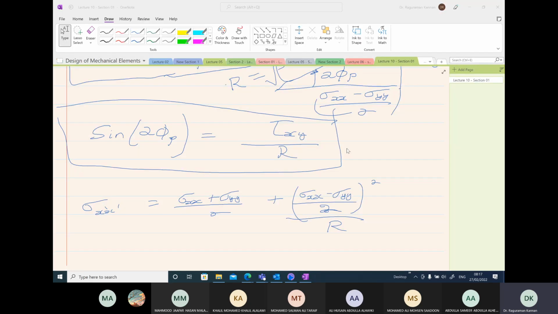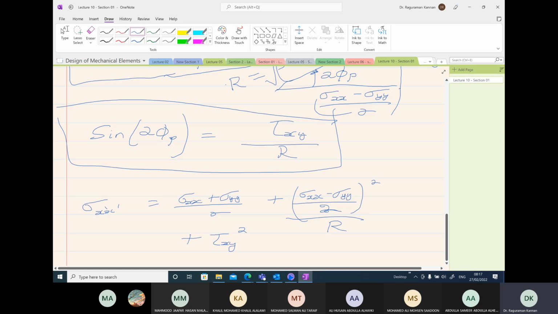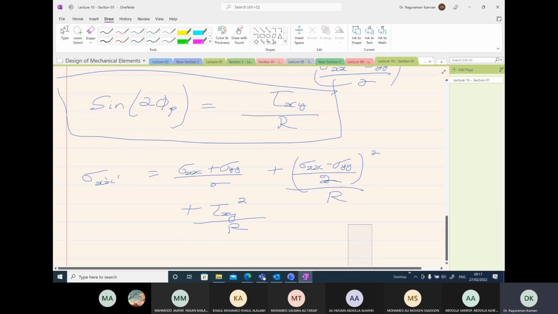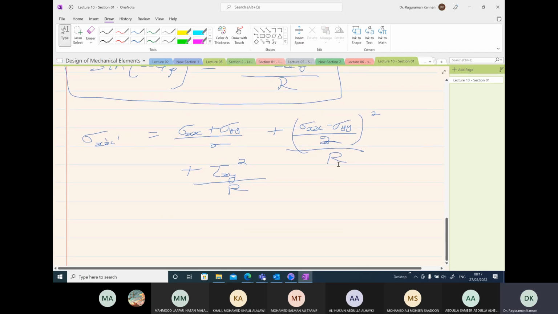And then we have tau xy term sine 2 phi, and then we will get tau xy square over r. Carefully take a look. Here we can rewrite sigma x prime as sigma x plus sigma y over 2. This term will remain the same.